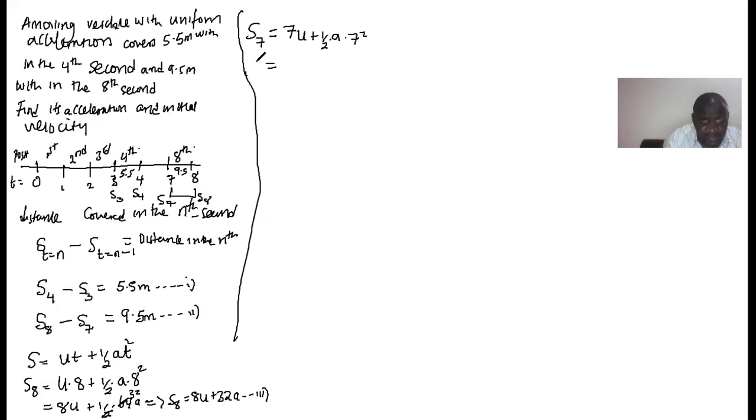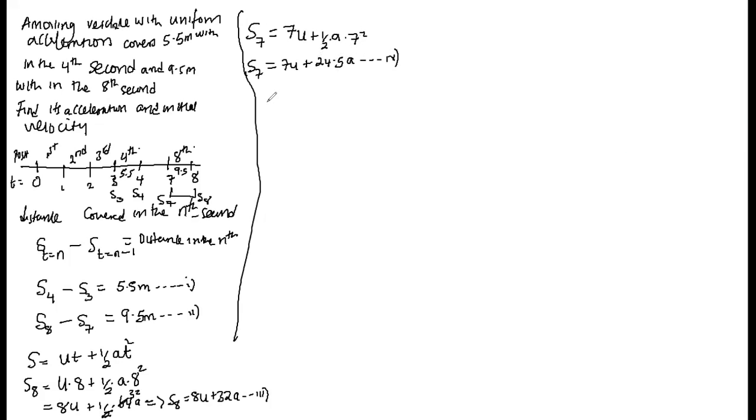This will give me S of 7 is 7u plus half, which is going to be 24.5a. This is equation 4. How did I get 24.5? 7 squared is 49. 49 divided by 2, you get 24.5.